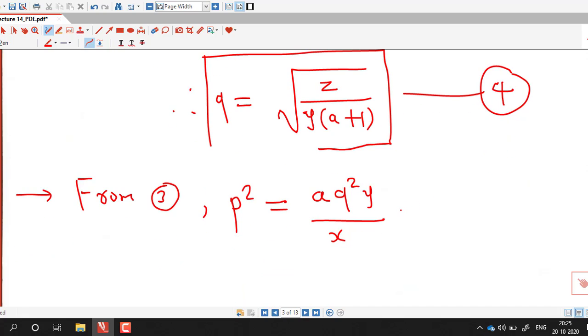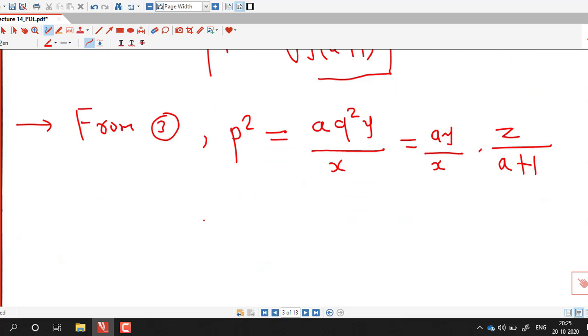So here I replace q² by z divided by (a plus 1). So therefore p² is nothing but a y z divided by x into (a plus 1).